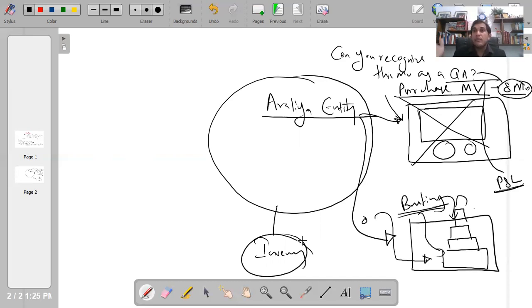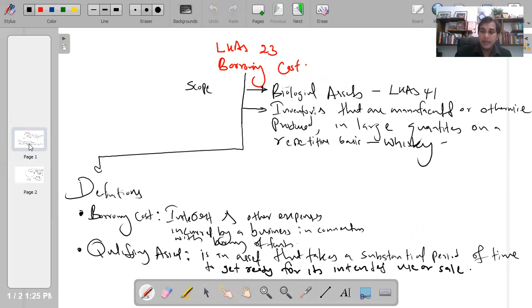So not only motor vehicles, not only buildings, lands, no. The inventories also could be identified as qualifying assets, if it is in line with the definition, right? Okay, I hope you understood up to that point.